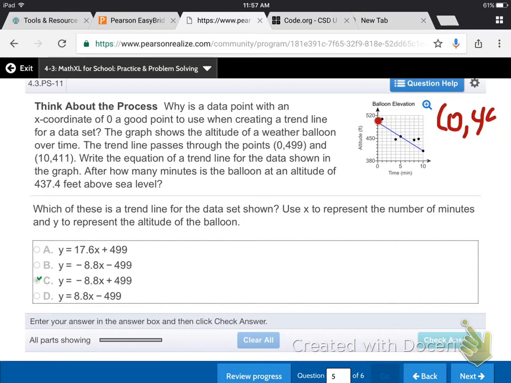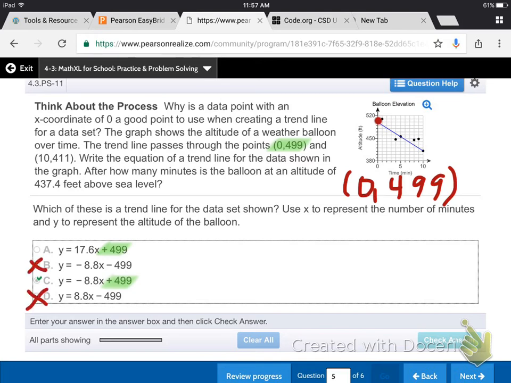0, 499. Just like it says right here. So, look at these equation choices. Which ones have a positive y-intercept of 499? It's this one and this one. So right away, B and D are out.